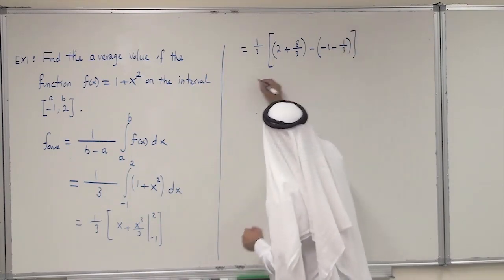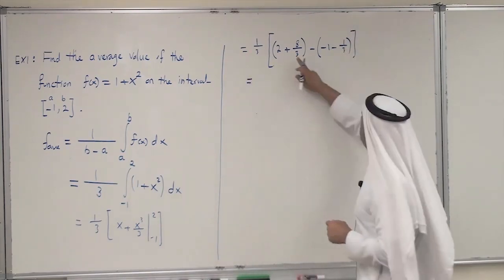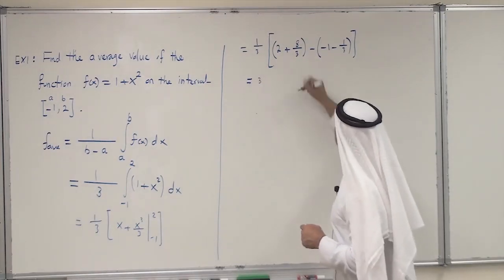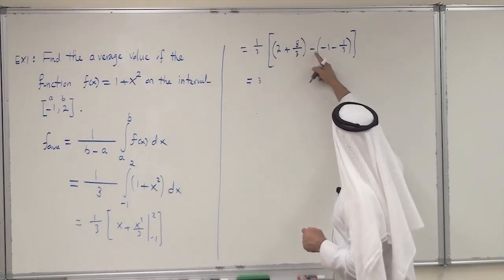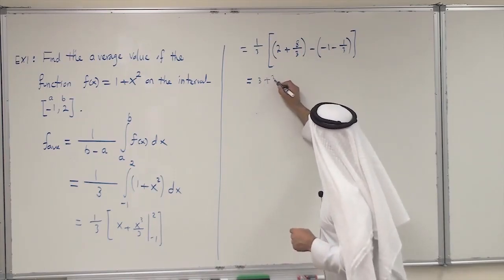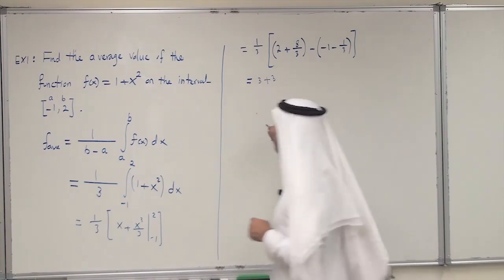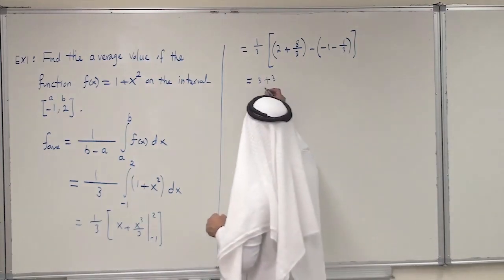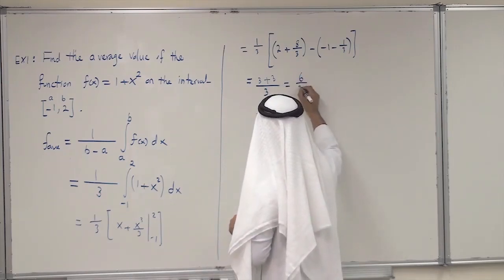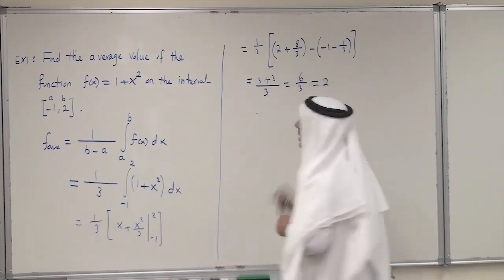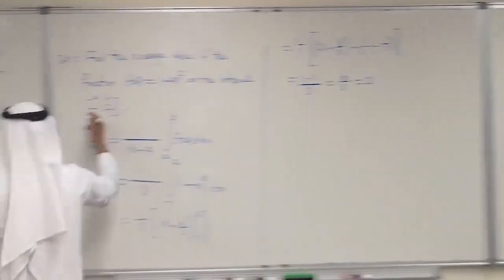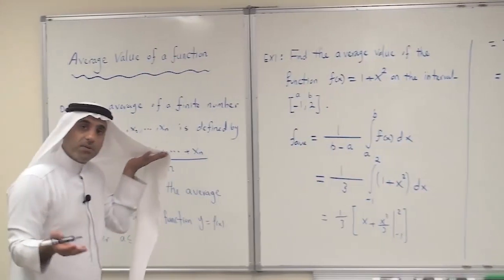Now, simplifying, we have 2 plus 1, that is equal to 3, and we have 8 over 3 plus 1 over 3, that's 9 over 3, that's another 3. And this is all divided by 3. So this is equal to 6 over 3, which is equal to 2. So the average value of the function f of x equals 1 plus x squared, from minus 1 to 2, is equal to 2.